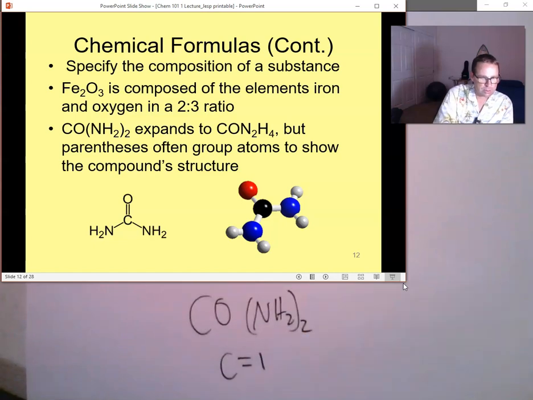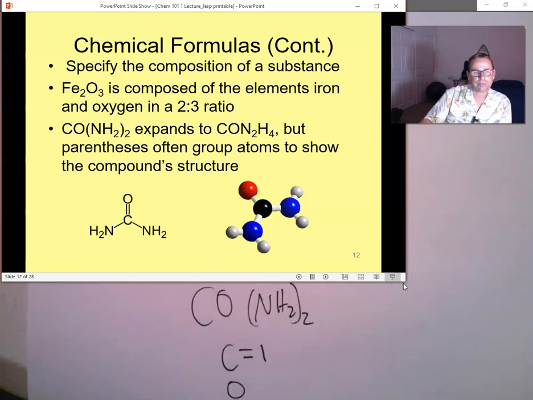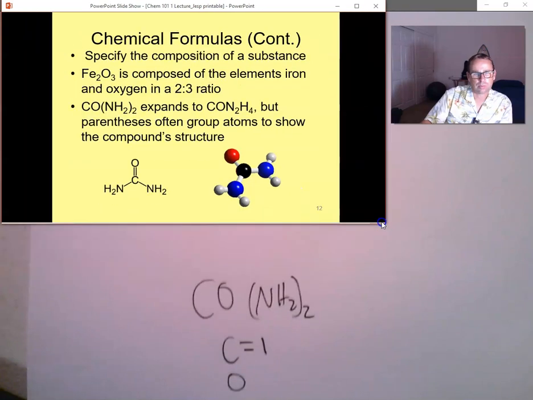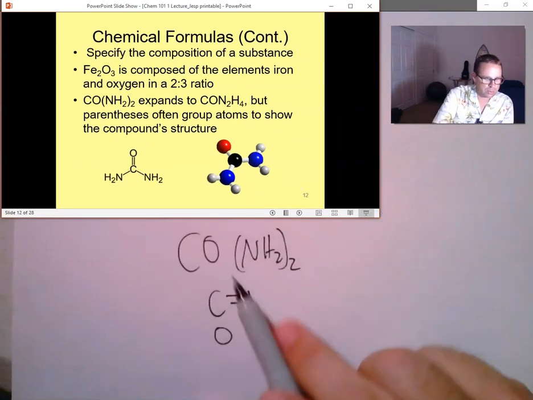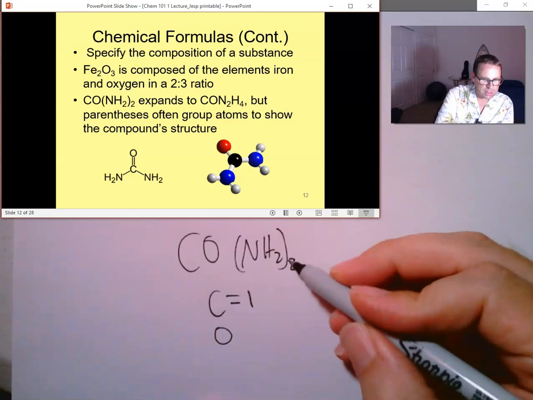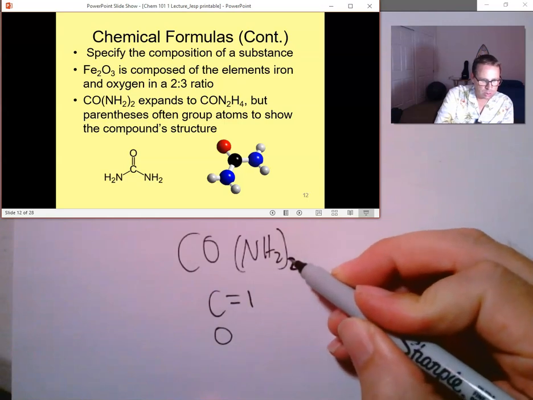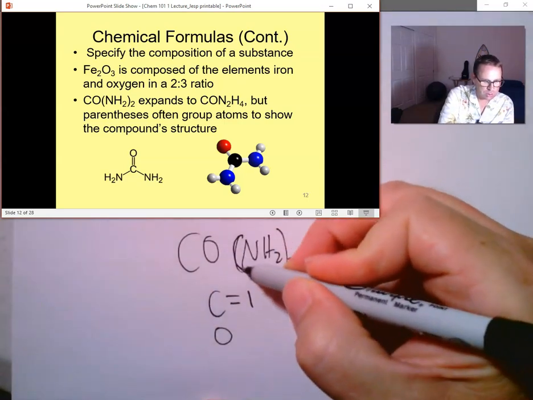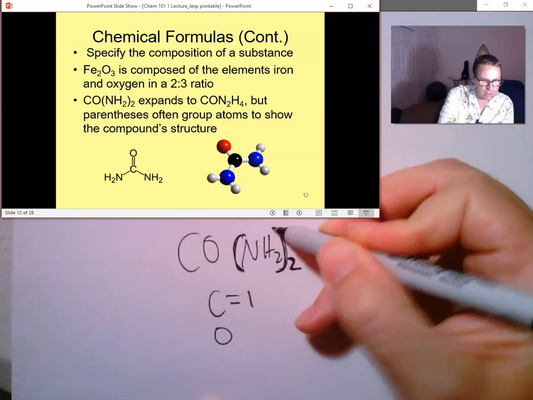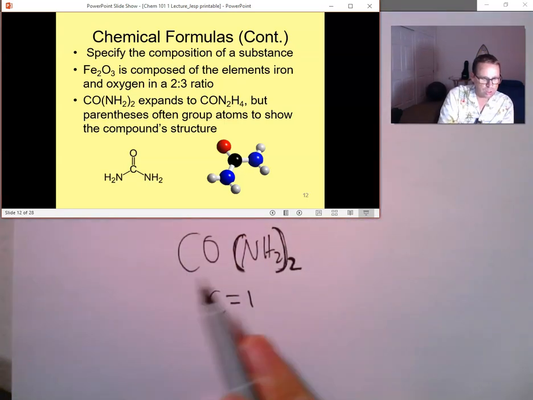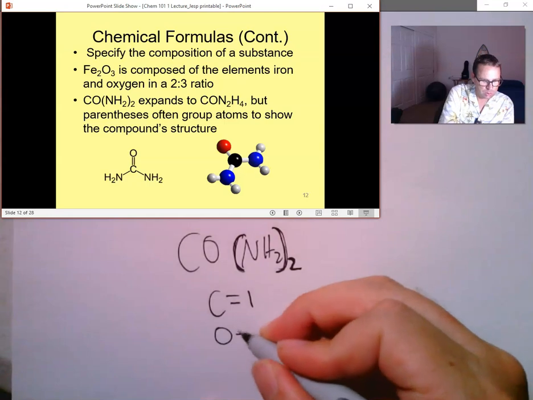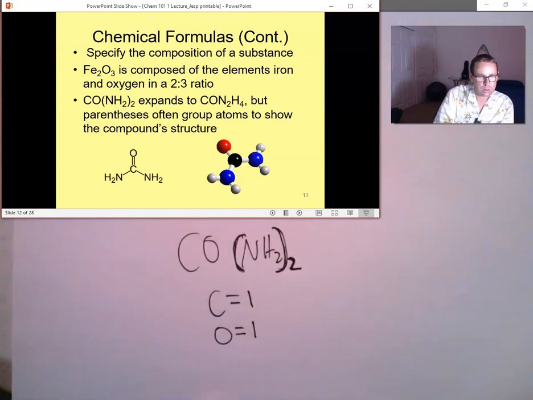1. That's right. How many oxygens? 4. Nope, there's just 1, because this 2 here is just telling me that there's 2 of this group. So there's 1 carbon. I thought oxygen was H2, was helium.